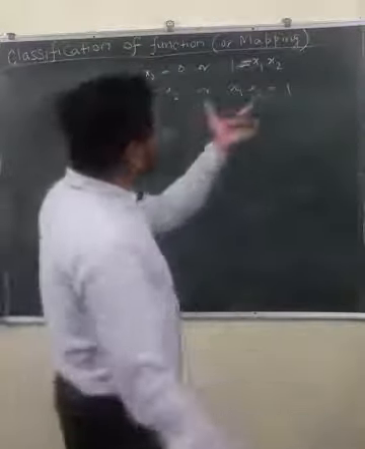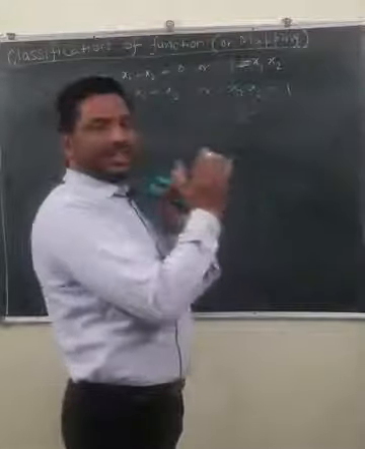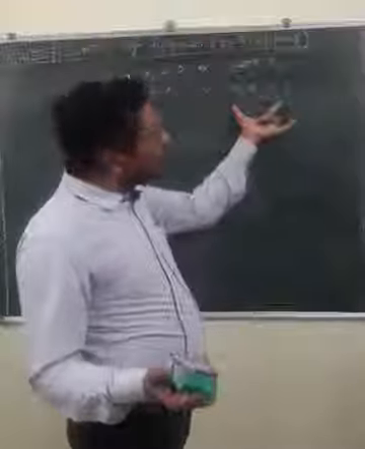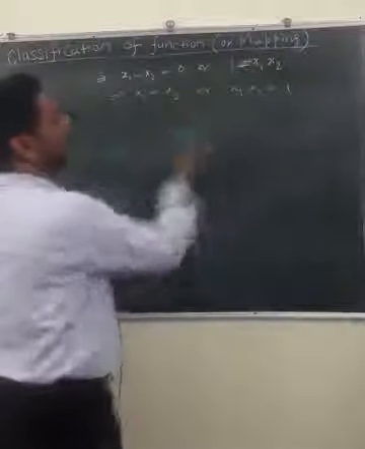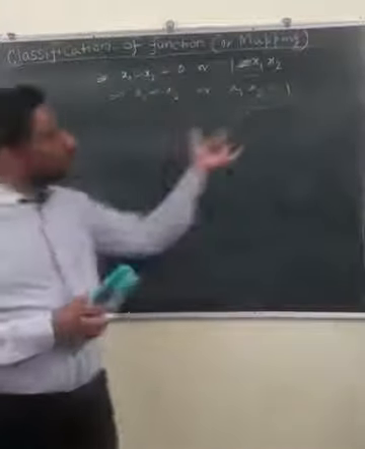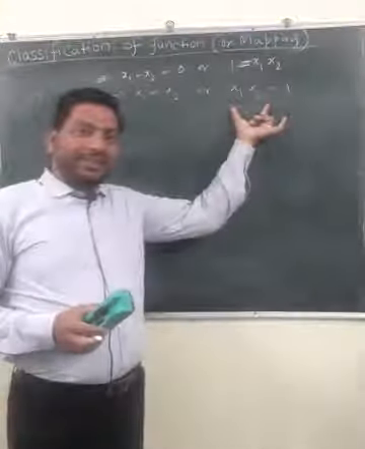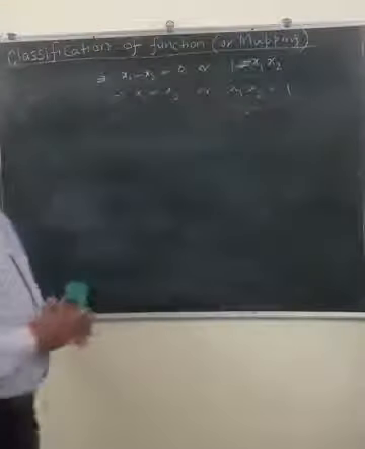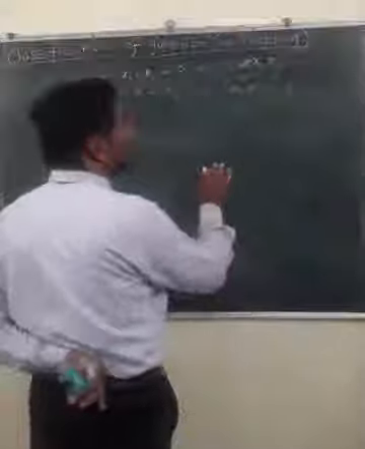But this extra second factor 1 minus x1x2 may create problems for a one-one function. If it gives two different numbers which satisfy this equation and which lie also in the domain, then the function will be many-one.